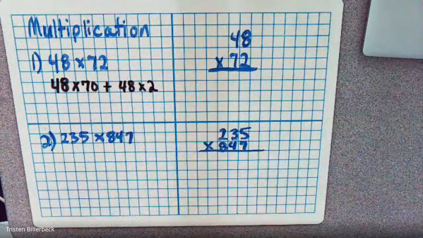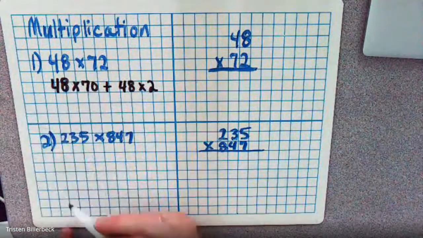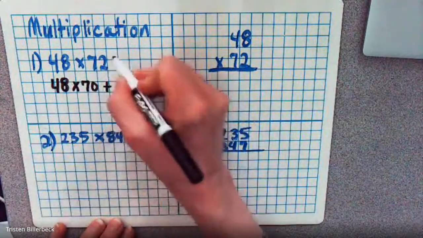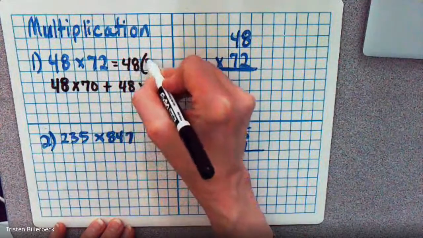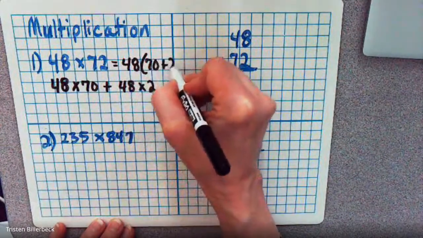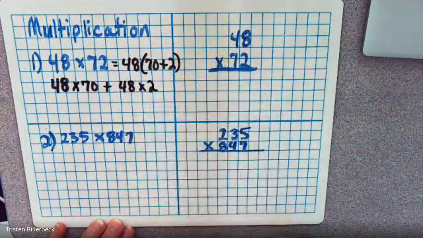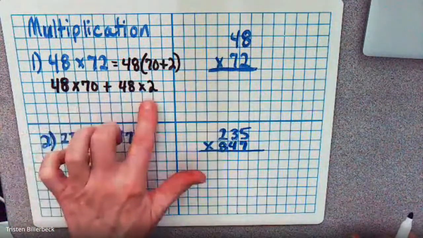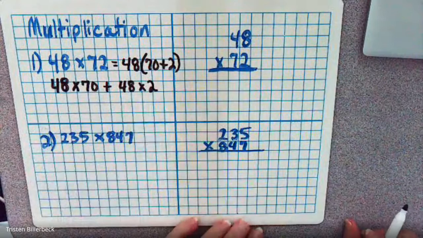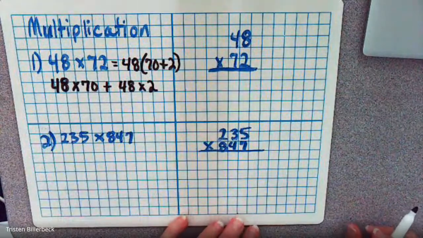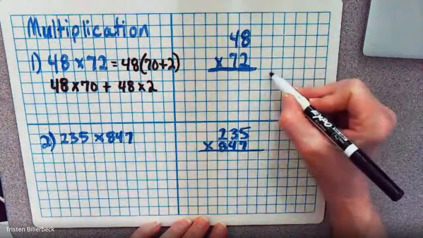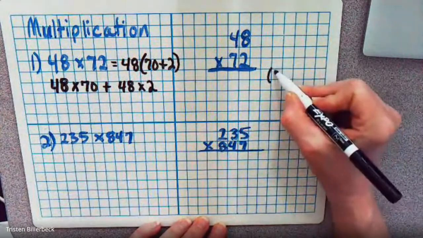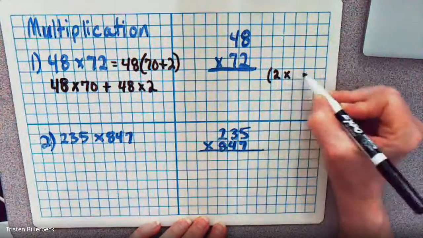Okay, so what I've done there is this is the same thing as 48 times 70 plus 2. We're going to break it up into smaller chunks so that we can deal with this big multiplication issue. First on this line, we're going to do 2 times 48.